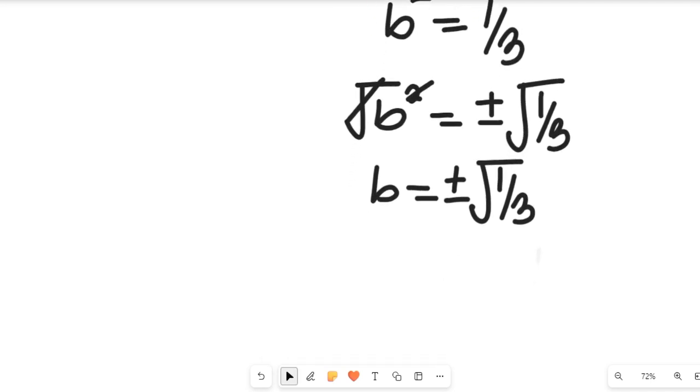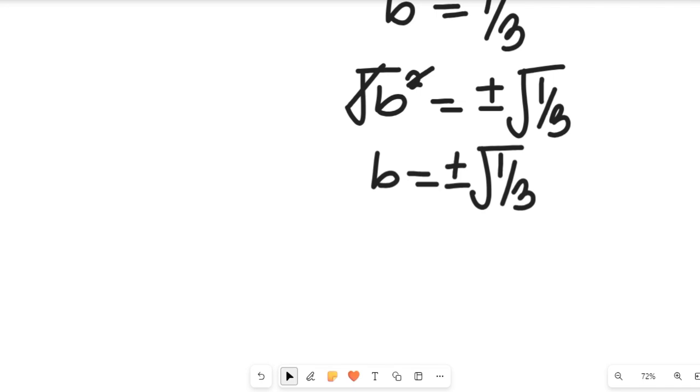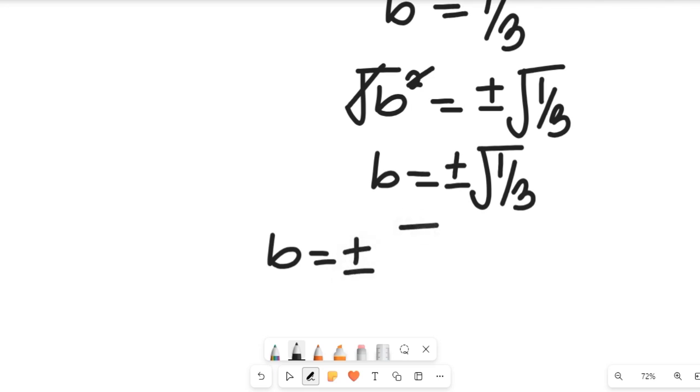Great. So we've gotten the value of B. But we can still simplify this. B can still be equal to plus or minus the square root of 1 divided by the square root of 3, right?